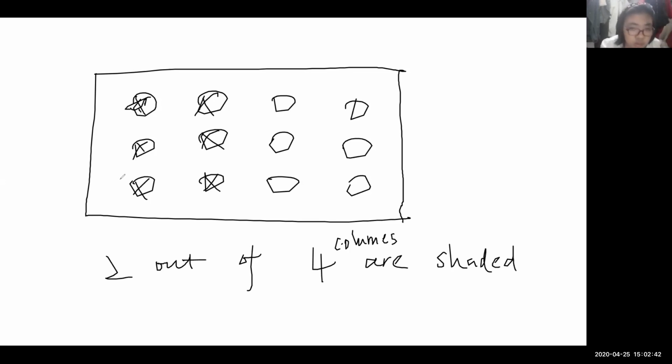Okay, what about this? Release your mouse. Just release your hand. Let me gain back control. So let me clear all this. Okay, so that is 2 out of 4.